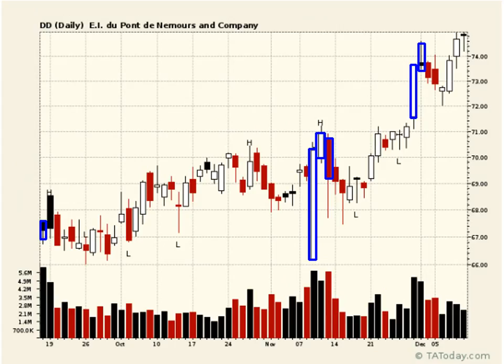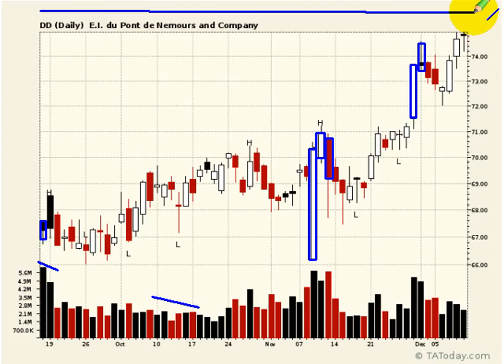When we look at this chart, we can see that volume is higher on some bars than it is on others. And in fact, we can take the highest volume bars and we can identify those as high volume bars. They become significant. And so on this chart, and on all TA Today charts, there's 60 bars. Of those 60 bars, we don't want more than 6 high volume bars.